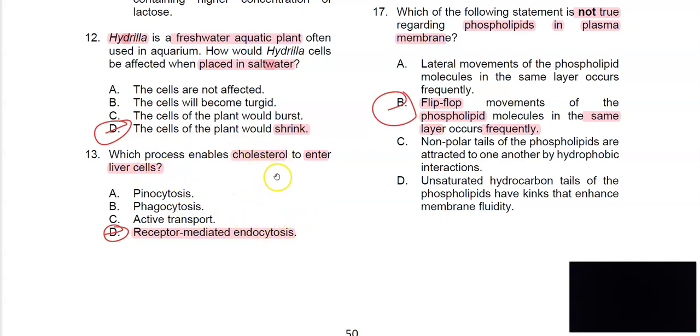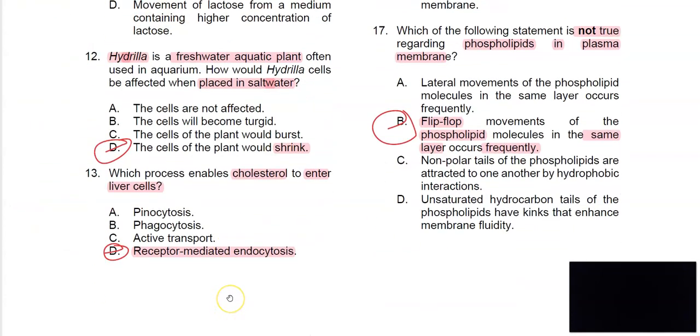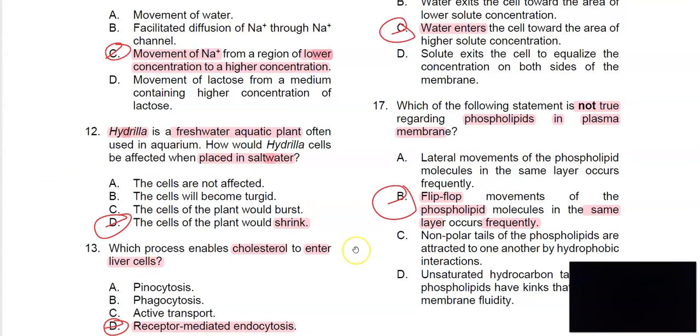Cholesterol binds first to the receptor protein, and the region that has the receptor protein will fold inward to form a vesicle. We call it coated vesicles, to bring in cholesterol from outside into the cell in large quantity. It is a type of bulk transport. And remember, bulk transport is actually a type of active transport.